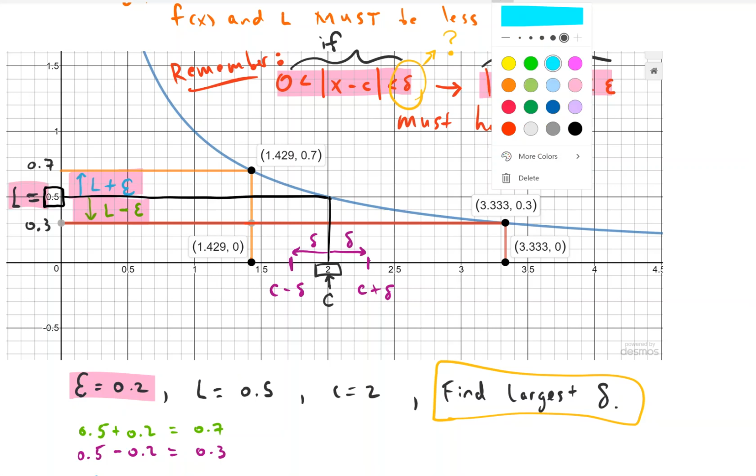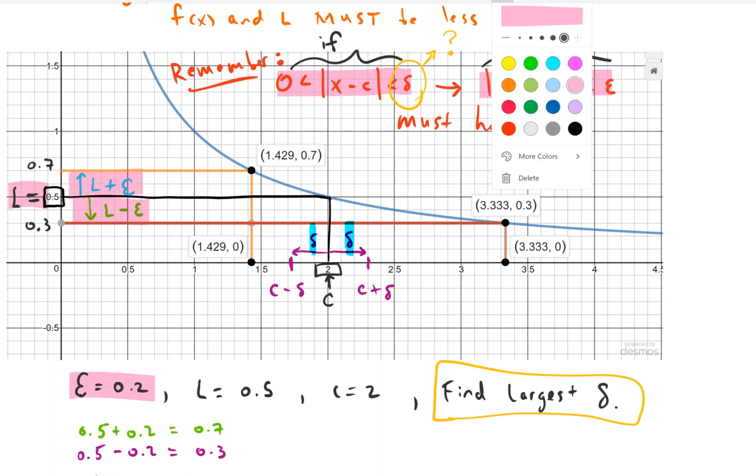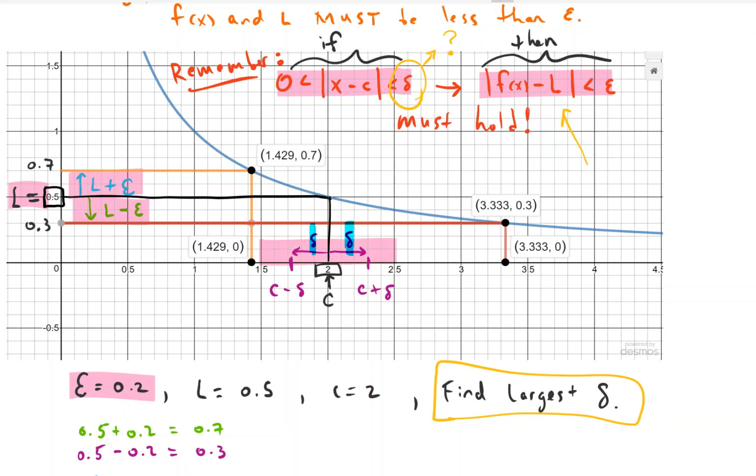Here's a delta and here's a delta. We just have to find the biggest one that can fit in this region right here. And once we've found that biggest delta, then we can find our endpoints and we're done at that point.